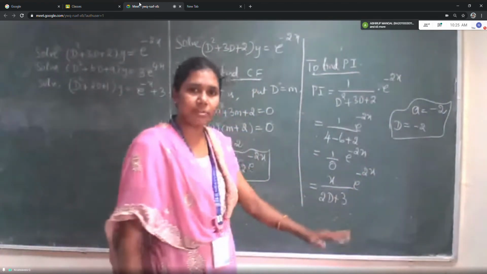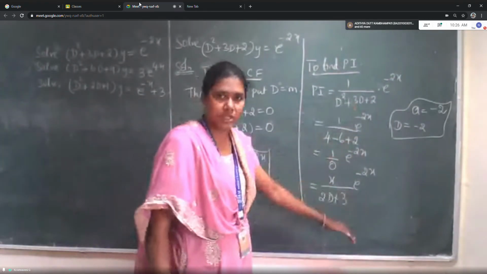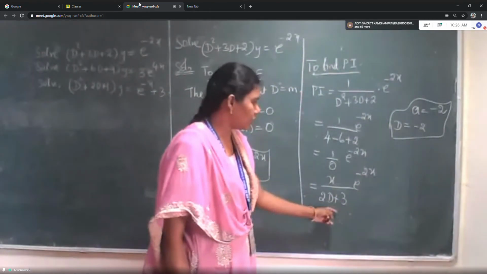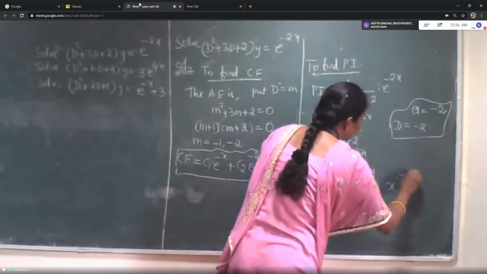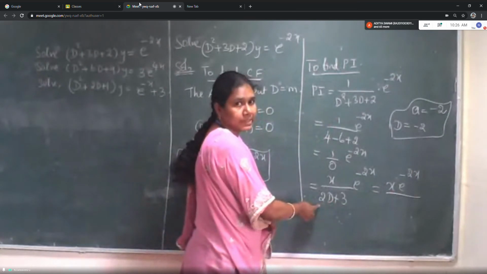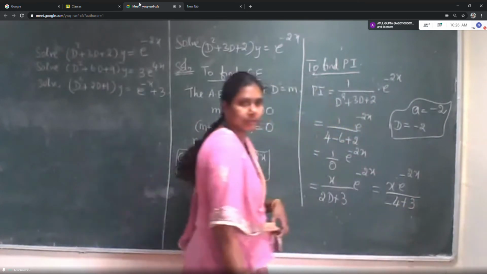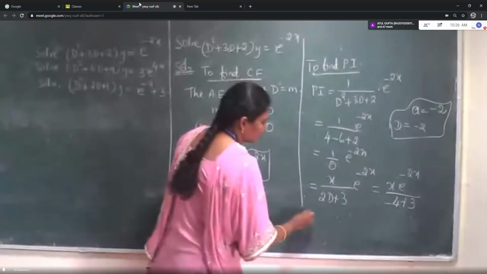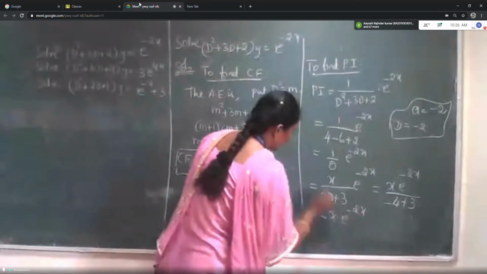In the next step, we again replace D with a, that is substitute D equal to minus 2 here. What will come? x into e power minus 2x by minus 4 plus 3, that is minus 1. So minus x into e power minus 2x. That is PI.